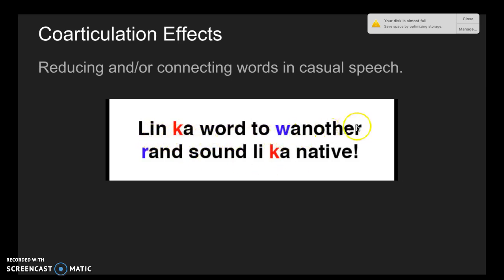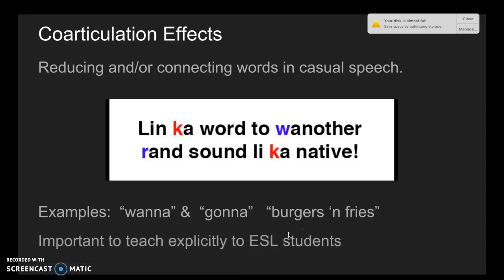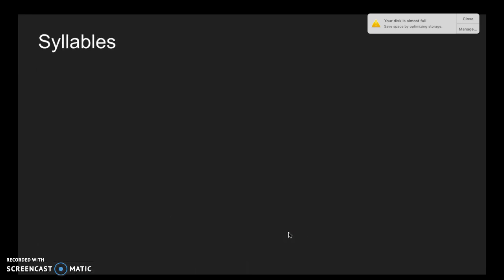Link a word to another and sound like a native. It's hard for them to hear where each of the words are actually breaking apart. So some other examples: want to becomes wanna, going to changes to gonna. Burgers and fries? No, it's just burgers and fries. So again, it's nice to teach that to them explicitly.